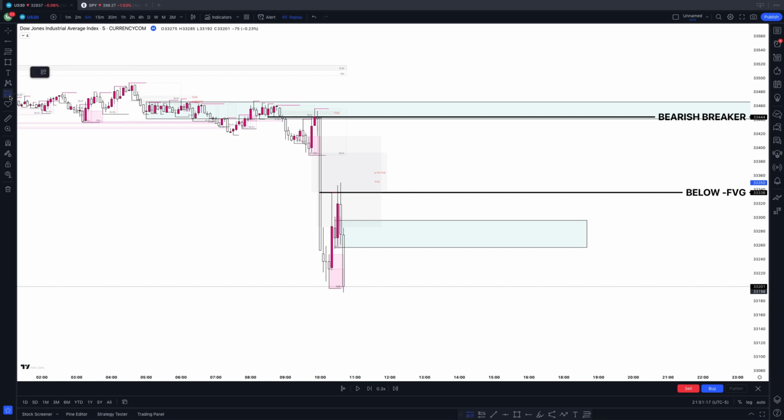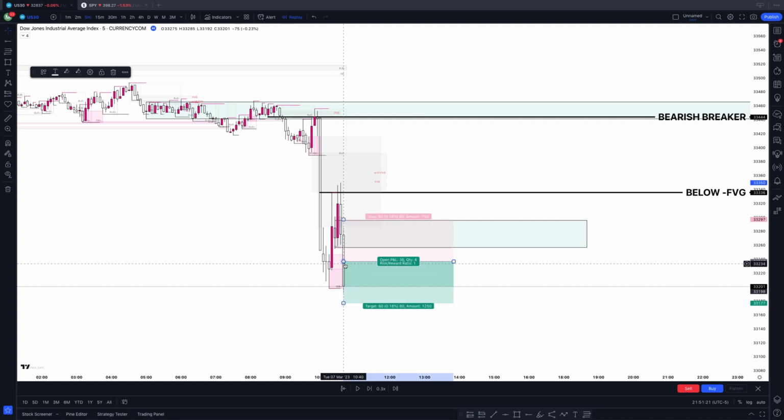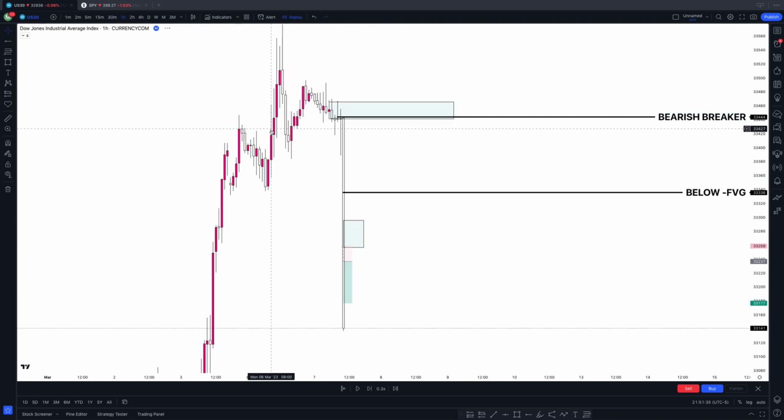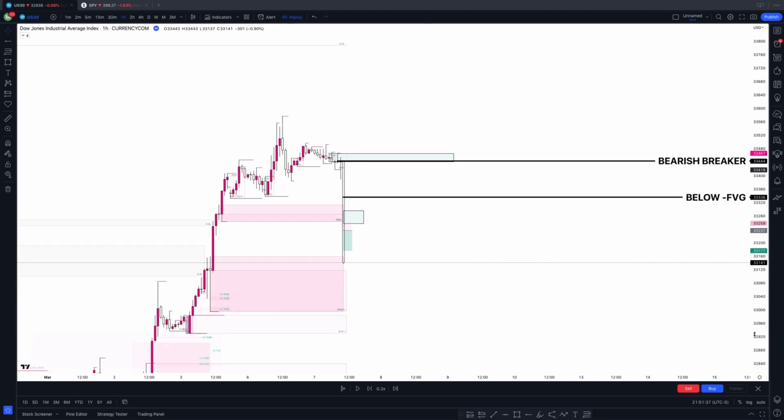Let's add a short position here. And I had my stop loss not so high up. Okay, so I did have my stop loss there. Now from this point, I did take my targets from a higher time frame.